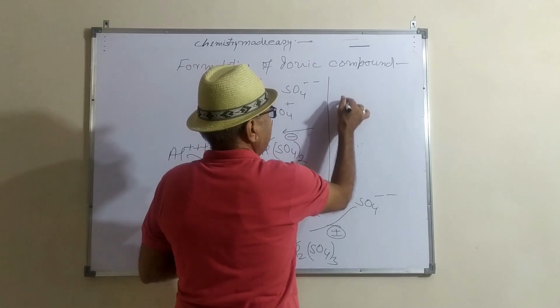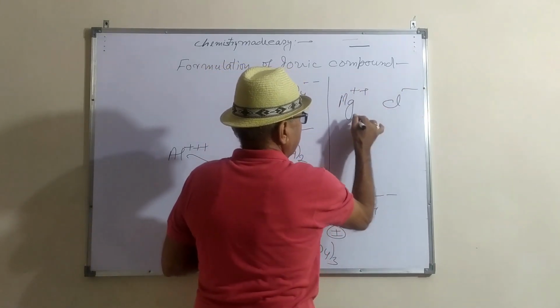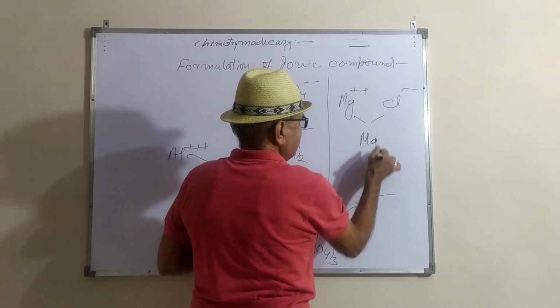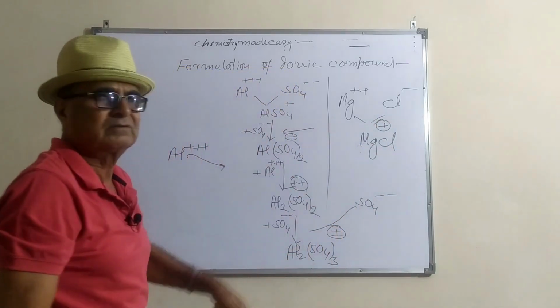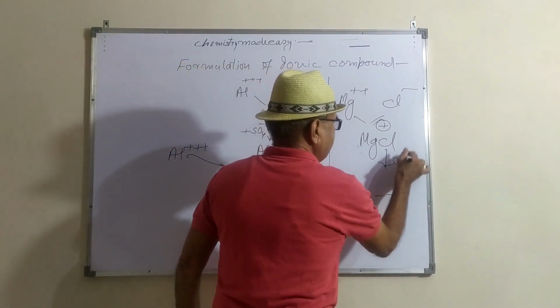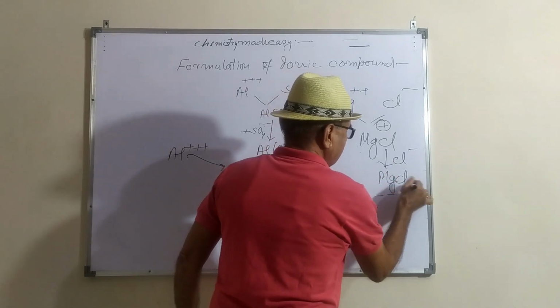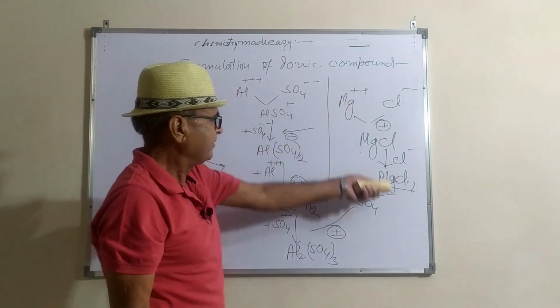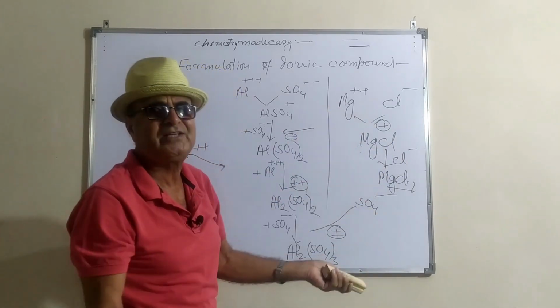Suppose you write Mg positive and Cl negative, you write MgCl. Still one positive charge will remain on the MgCl. So what happens? When a chloride ion comes, MgCl2 is the formula of magnesium chloride, and the electrical charge will be equalized.